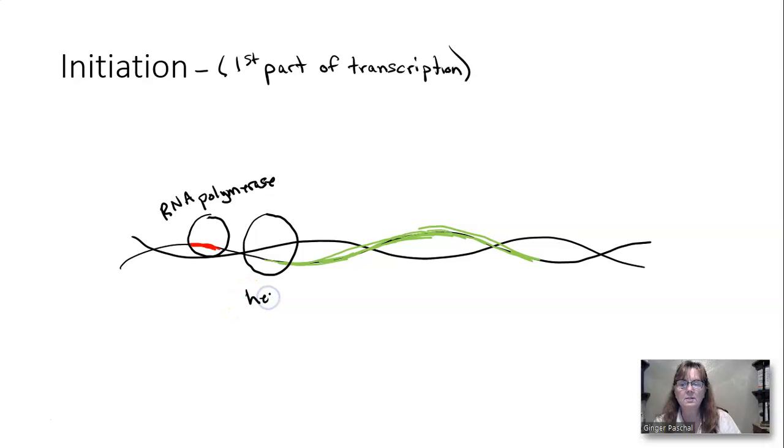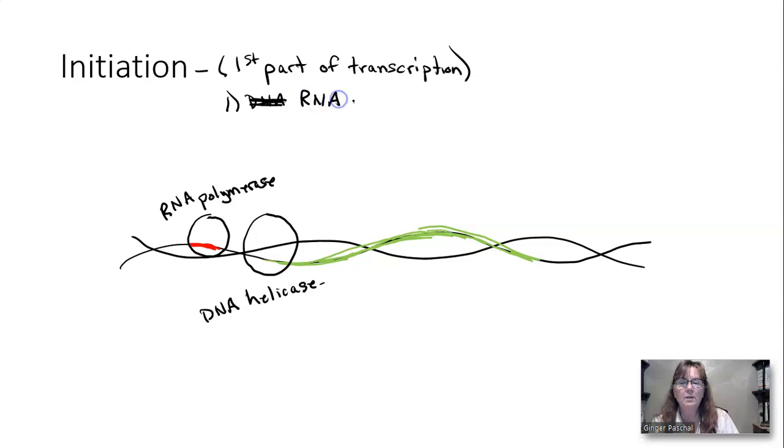This molecule is DNA helicase. Sometimes we just call it helicase for short, and helicase has a couple of functions, and we'll talk about what those are.